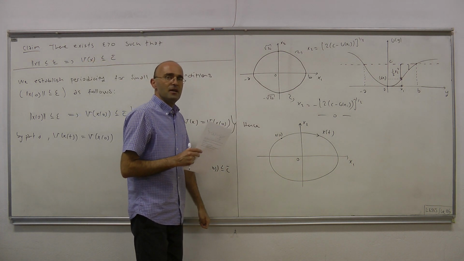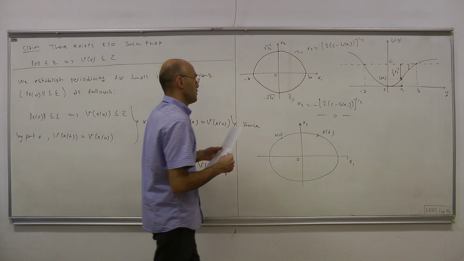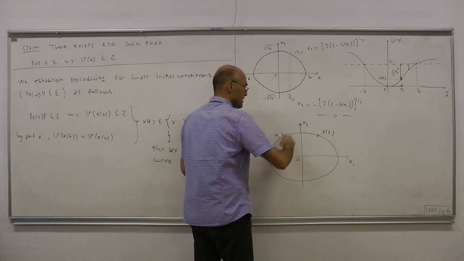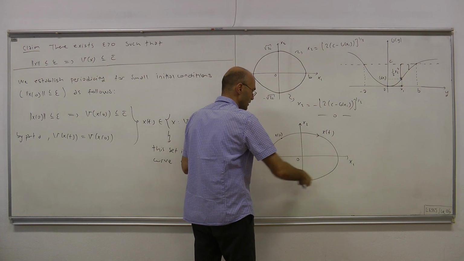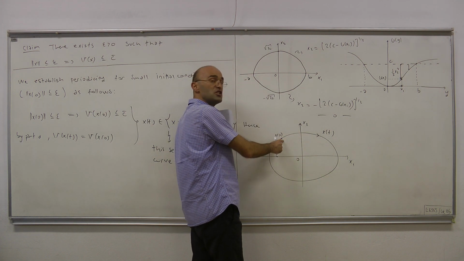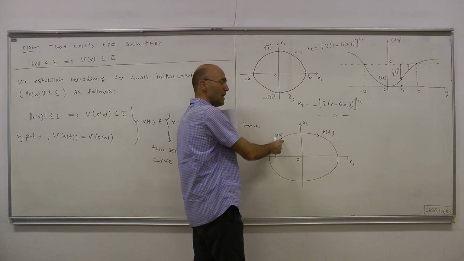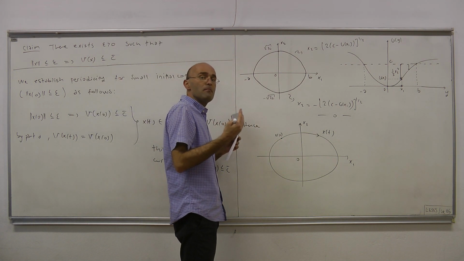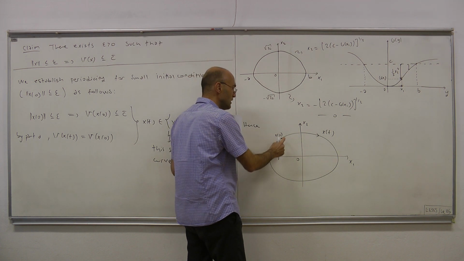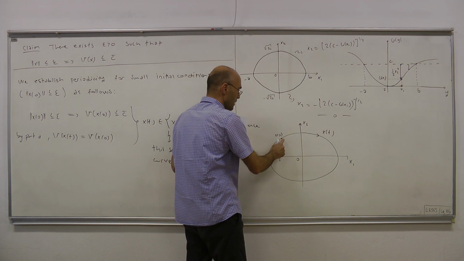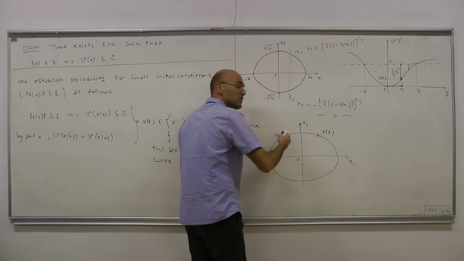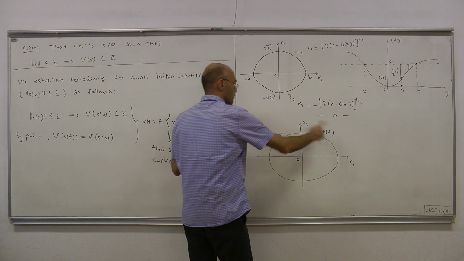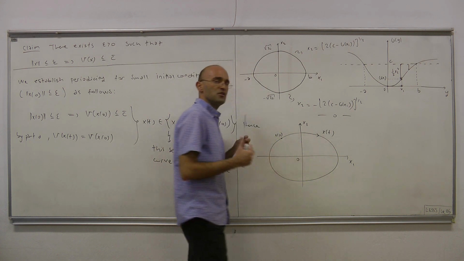And that means periodicity. Why does it mean periodicity? Because suppose we start from this point, we move in this clockwise direction, and after a while, after finite time, we have to reach this point again. But then since the system is time invariant, it doesn't remember the past, it doesn't care what time it is, only it cares where it is, okay? So again, the same thing must happen. The same thing must happen means the same time must elapse for another cycle, and for another cycle, and so on.